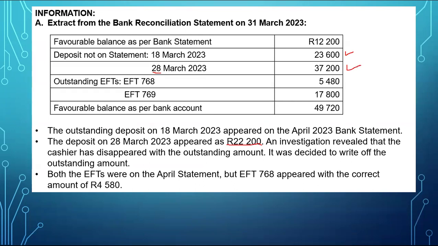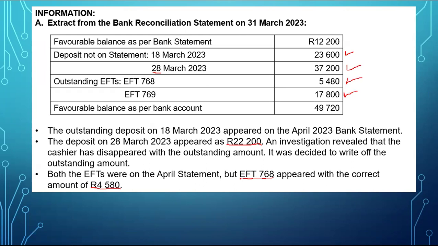Both the EFTs were on the April statement, but EFT 768 appeared with the correct amount of 4,580. So we didn't have an issue with this EFT payment, so I'm just going to tick it. However, we had a problem with this one.